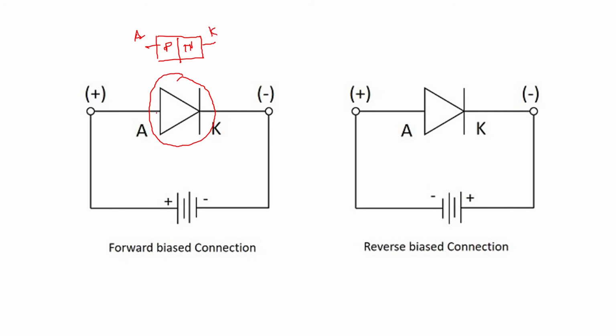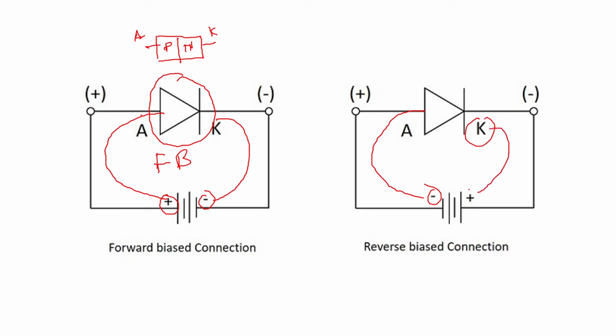When the anode is connected to the positive terminal of the battery and the cathode is connected to the negative terminal of the battery, then it is called forward biasing condition. Similarly, when you connect the anode to the negative terminal of the battery and the cathode to the positive terminal of the battery, it will be called reverse bias condition.